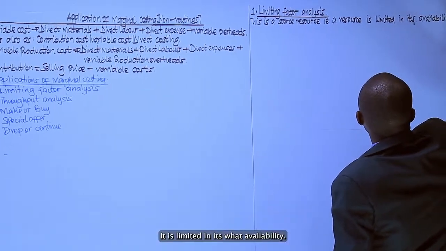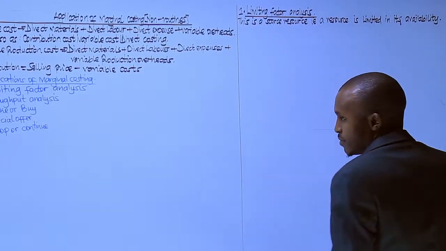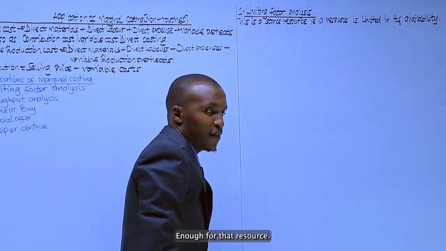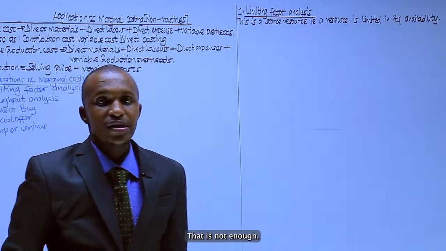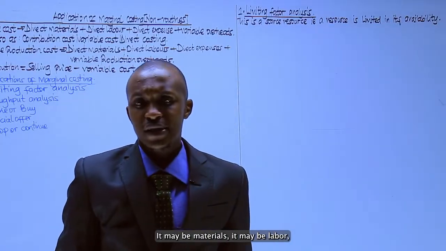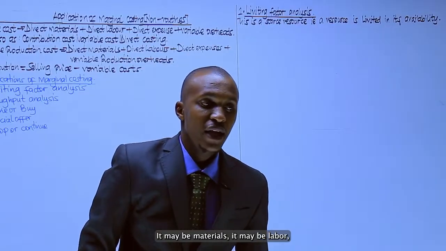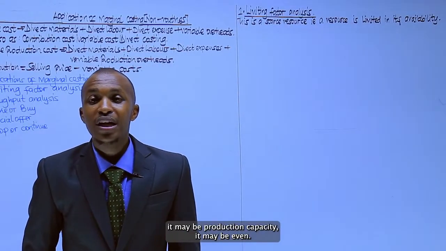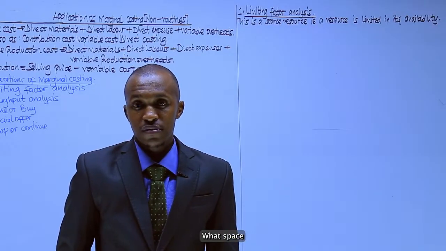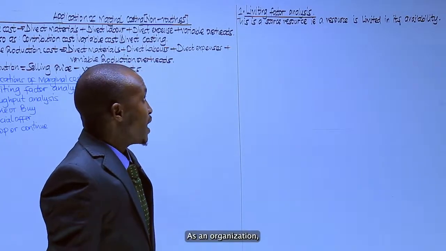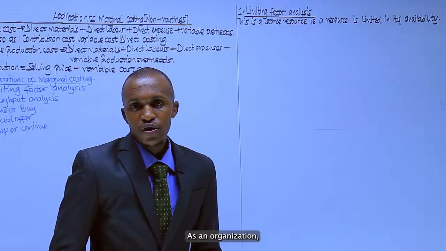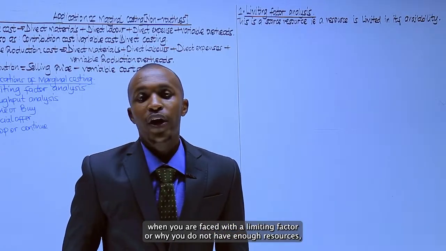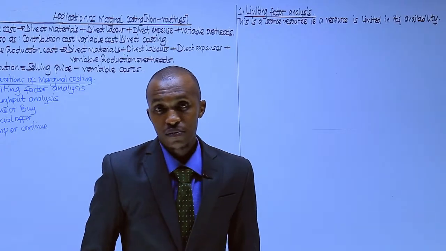It is limited in its availability, i.e. it is not enough. That resource that is not enough may be materials, it may be labor, it may be production capacity, it may even be space.